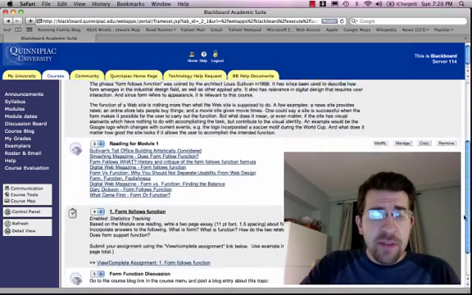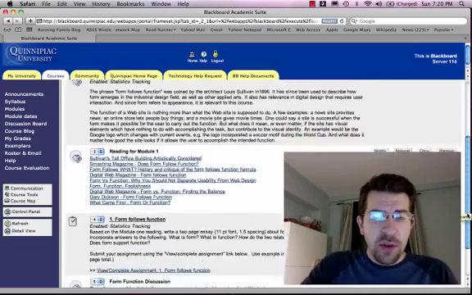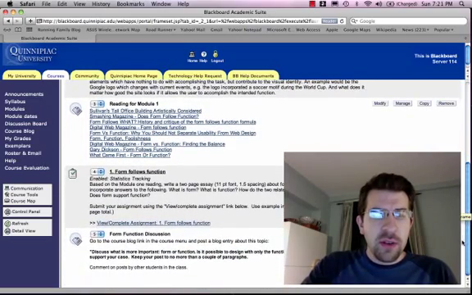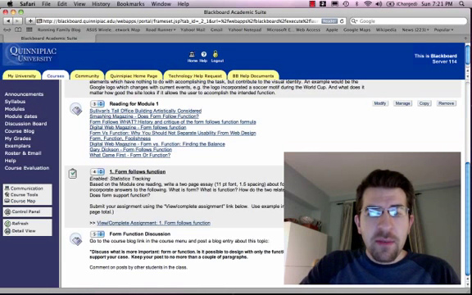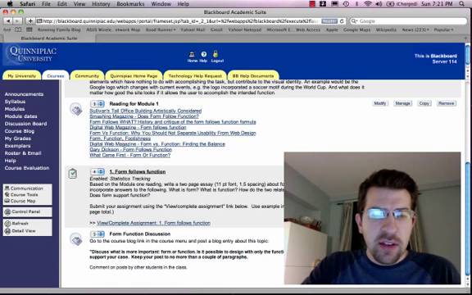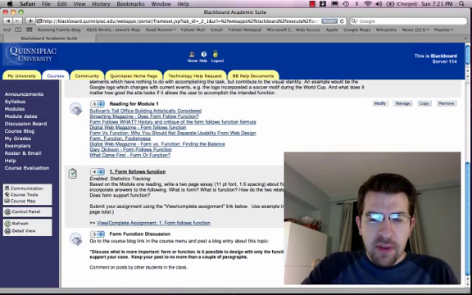And then you're going to take that information and you're going to do two things. You're going to put together a 2-page essay that goes through what is form, what is function, how do the two relate in visual design? Does form support function?